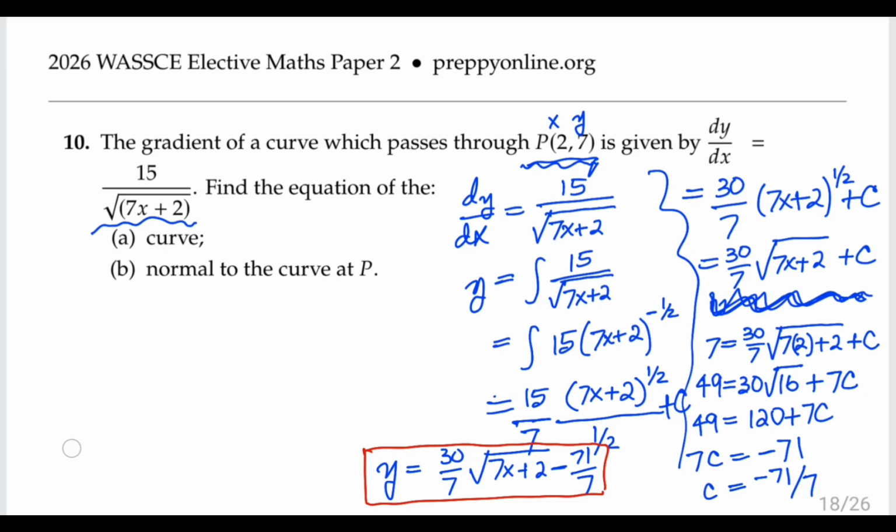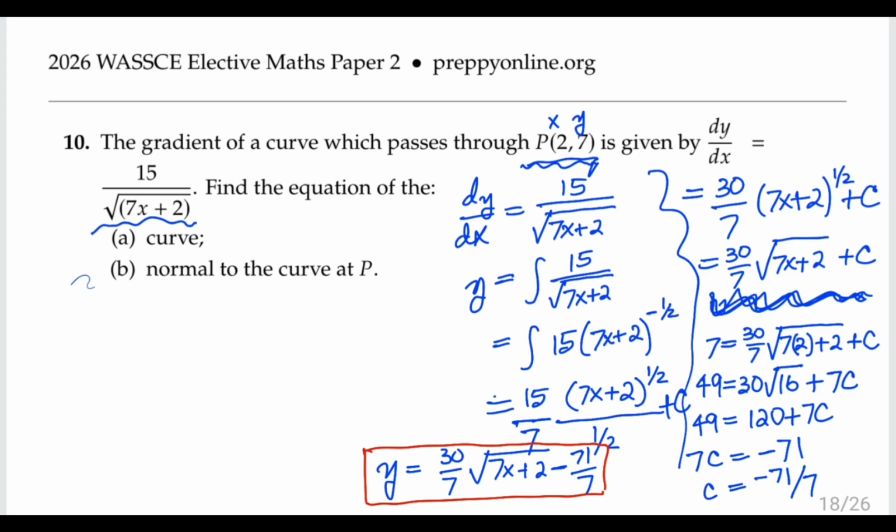Now, if we can find the gradient of the tangent at P, then we can use that. So the gradient of the tangent at P is the same as the gradient or the derivative at that point. So the derivative of a curve at a point is the gradient of the tangent at that point.